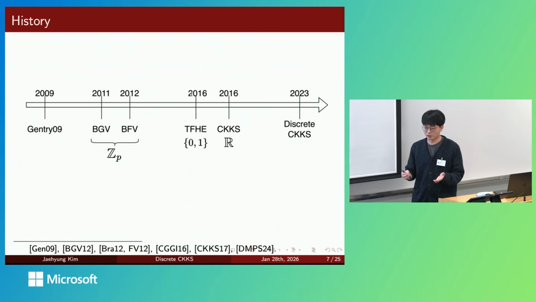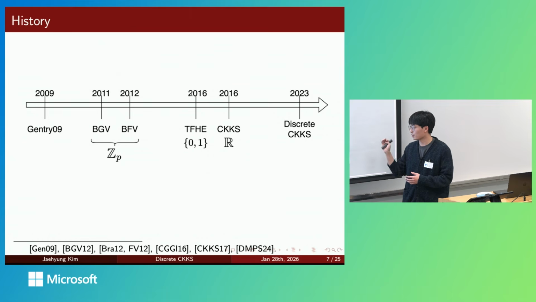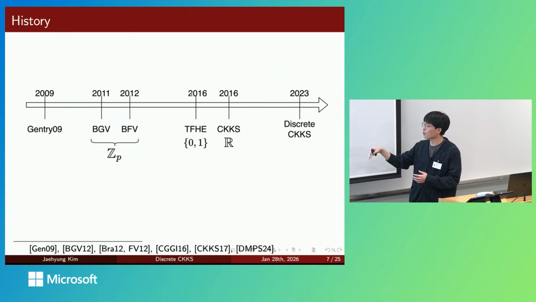Since real number arithmetic is used a lot in machine learning, and outsourced machine learning is one of the main applications of FHE, it has been widely adopted since then. And in the recent two or three years, there was some attempt to do discrete arithmetic using the approximate scheme CKKS, and that is what I'm going to talk about in this talk today.